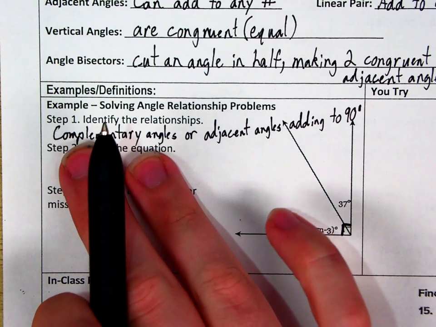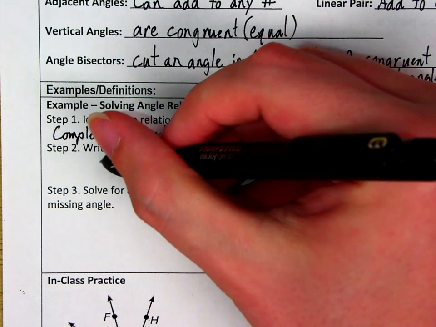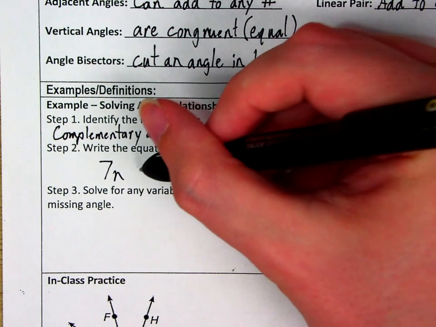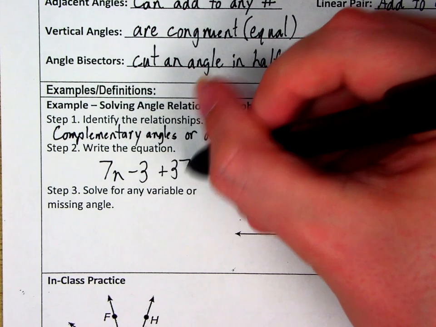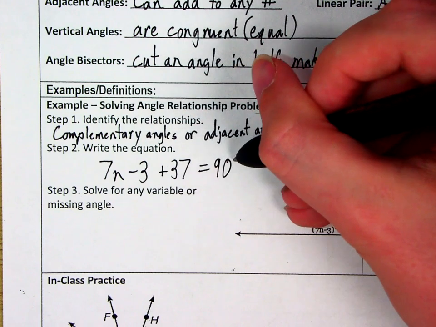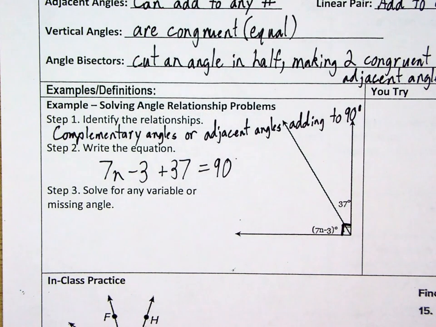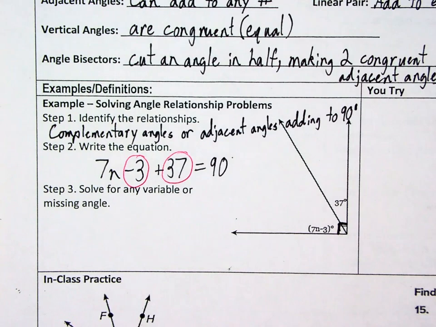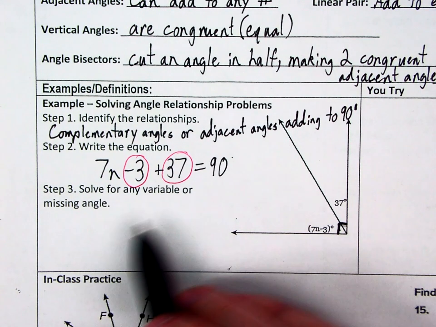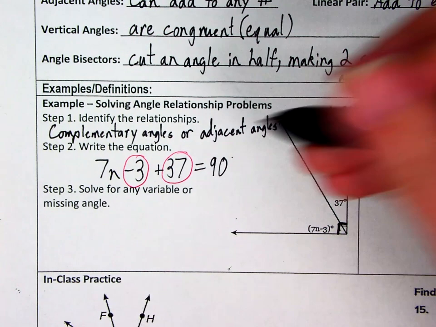Whether we think about it as complementary or this way, we'll write the equation 7n minus 3 plus 37 equals 90. We'll then do some simple algebra. We'll combine our minus 3 and our 37, and we'll work to solve for any variable or missing angles in our problem.